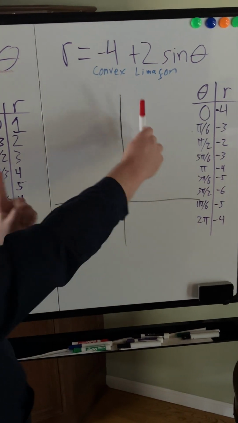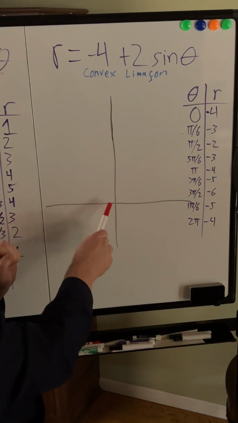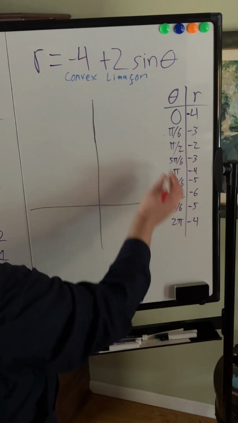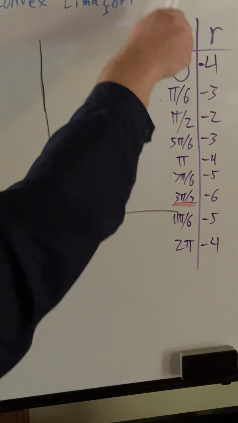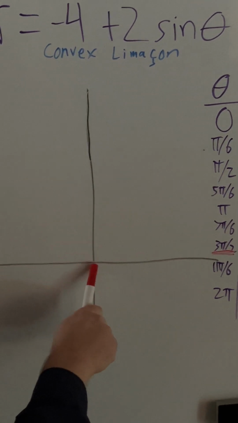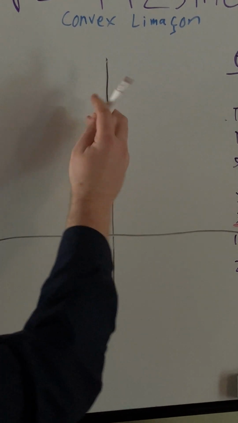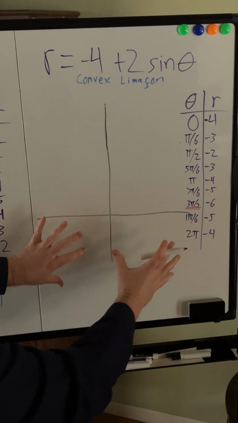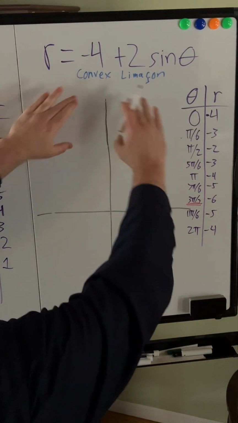Because r is negative at that point, which will be at 3 pi over 2, it's actually oriented that way, because at this angle r is negative, which means it goes up that way. So whatever this graph looks like, we know it's going to be facing kind of up like that.